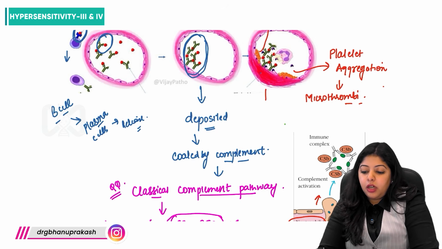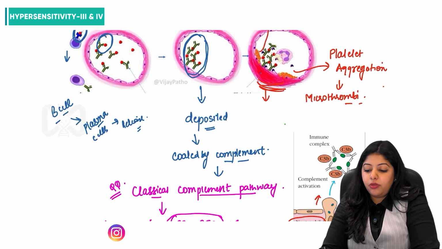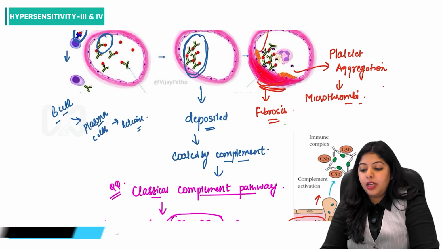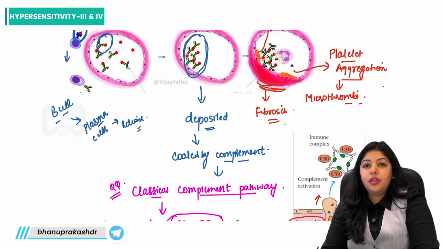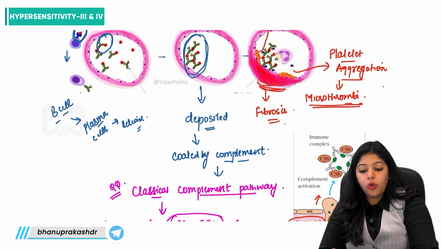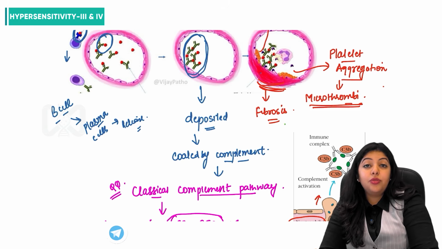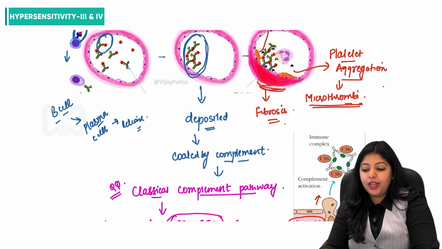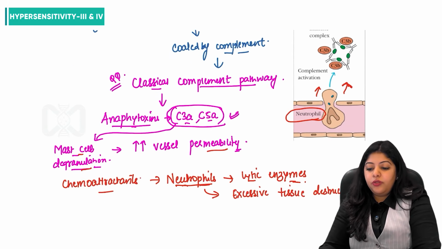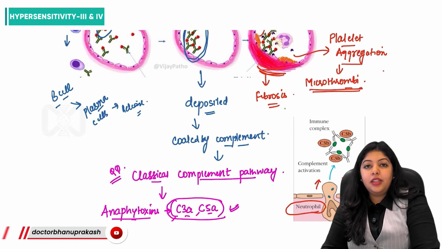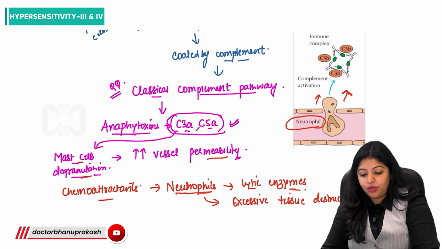And after that, fibrous tissue is also getting formed. There is also fibrosis occurring. Fibrosis, platelet aggregation, right? This whole mechanism leads to a larger tissue destructive event, right? So all of these are occurring at the site of tissue destruction.